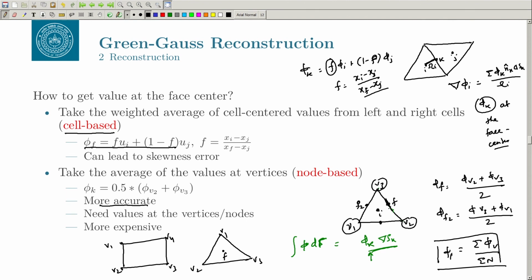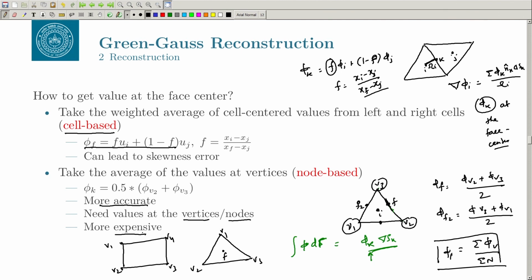So, somehow from this I we need to get the values at the vertices or nodes. This is of course more expensive because from cell center you calculate the value at the nodes, and from nodes you calculate the value at the face center, but it is more accurate.